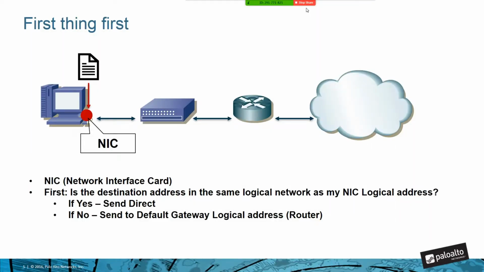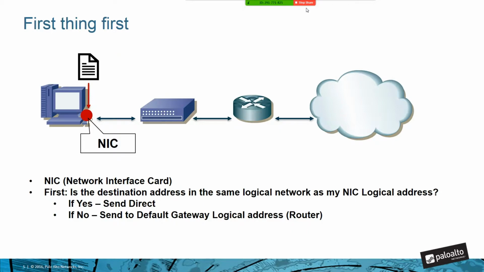Let's get started with the basics. When a packet is generated by a higher-layer application, it could be your Microsoft Word processor, it could be an email. Once it's generated and you hit send, it will get pushed down the OSI layers into your network interface card.